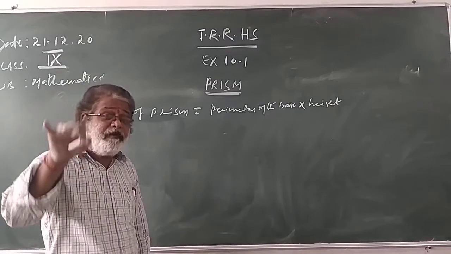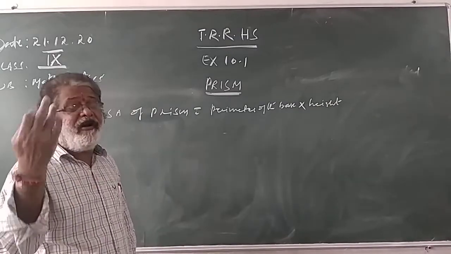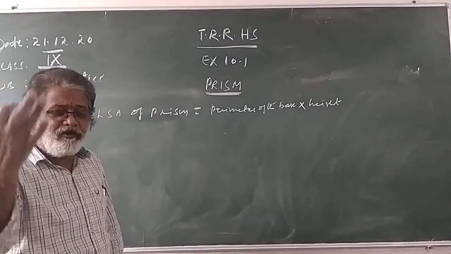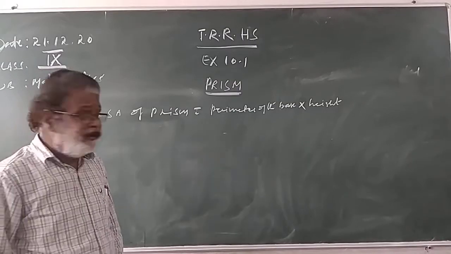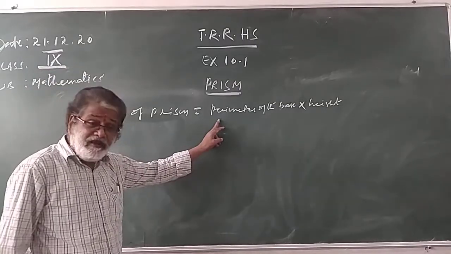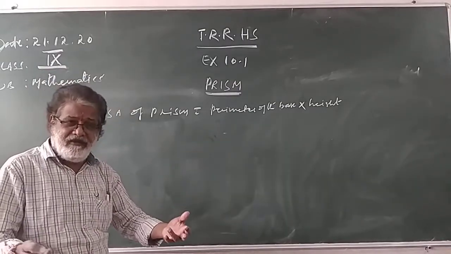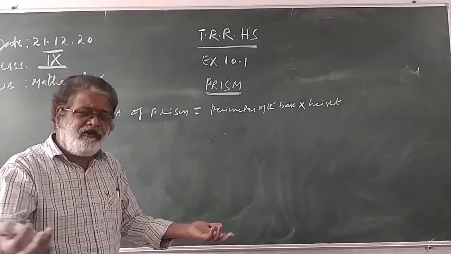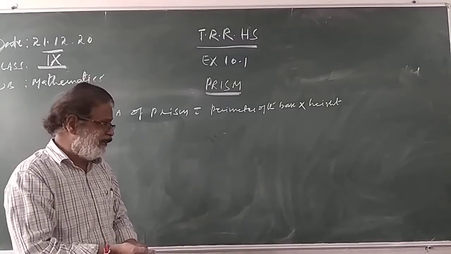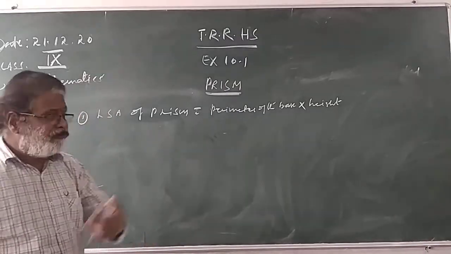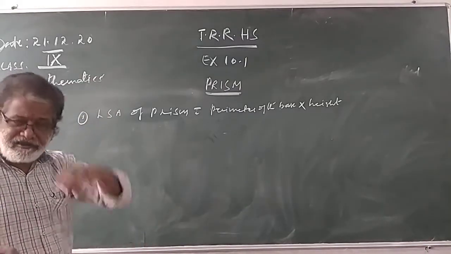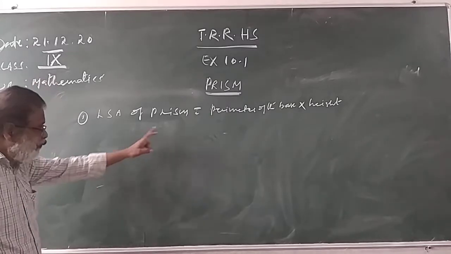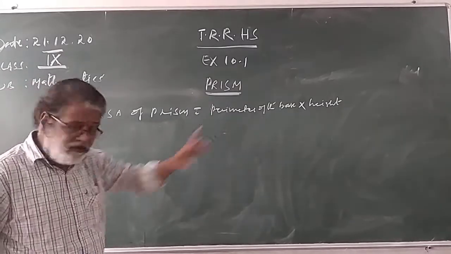If the base is a square, you find the perimeter of the square, which is 4 into a side. If the base is a triangle, the perimeter is the sum of all three sides. So you need to find that shape's perimeter or area. So LSA of the prism is the perimeter of the base into height.